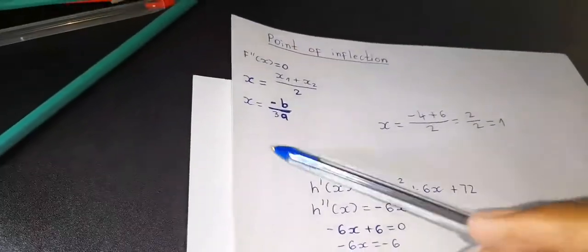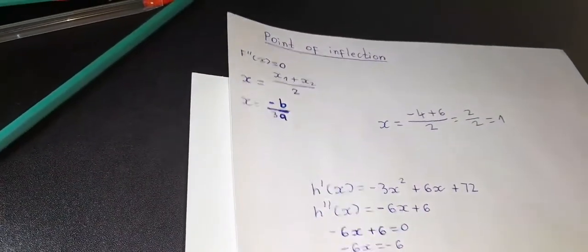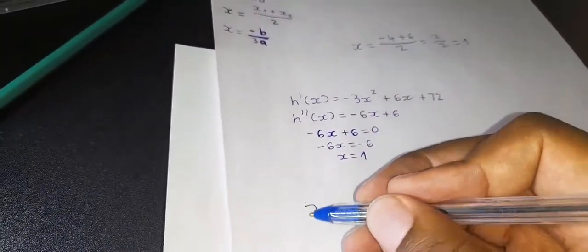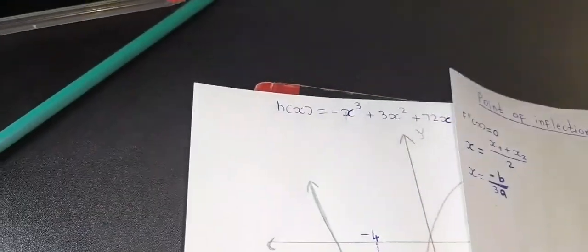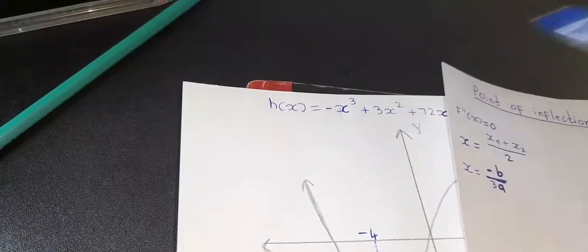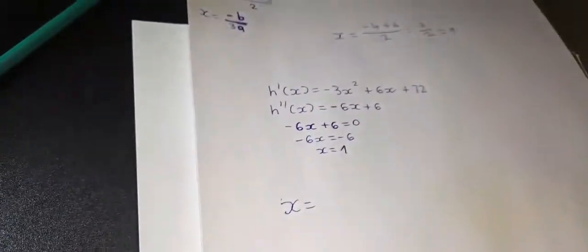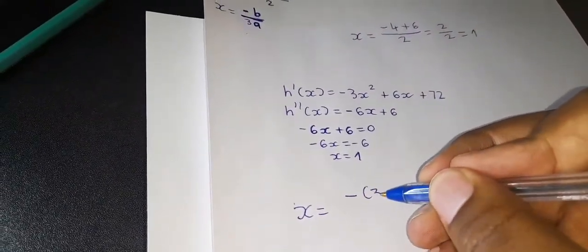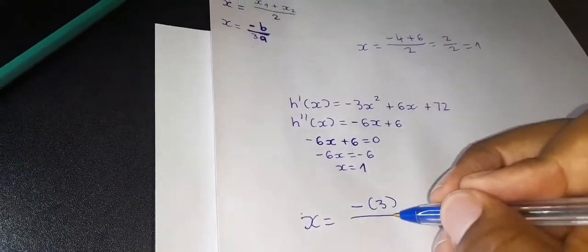And let's see if we get the same answer if we use this one here. Let me write it down here. x is equal to -b over 3a. So what is our b value here? Our b value is +3, so -3 over 3a.